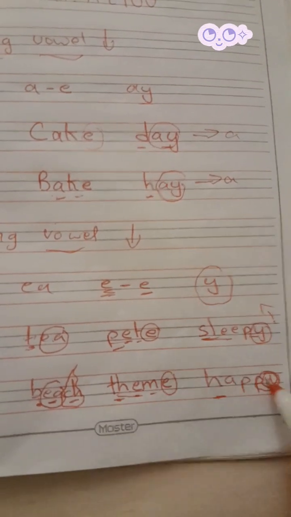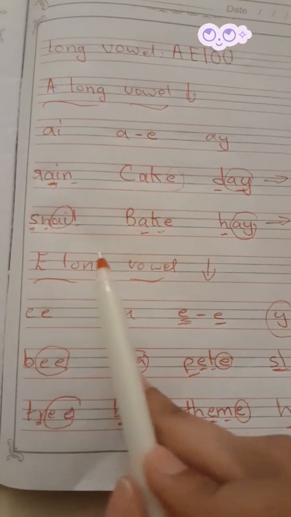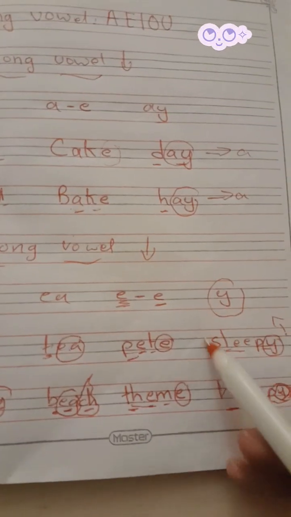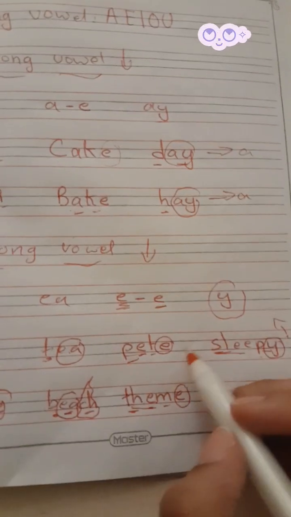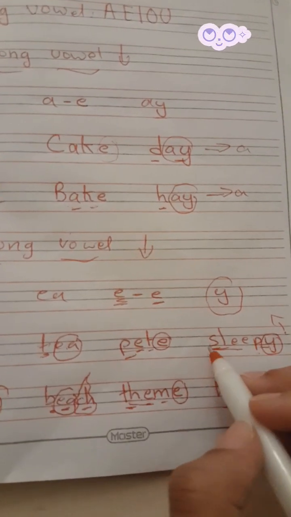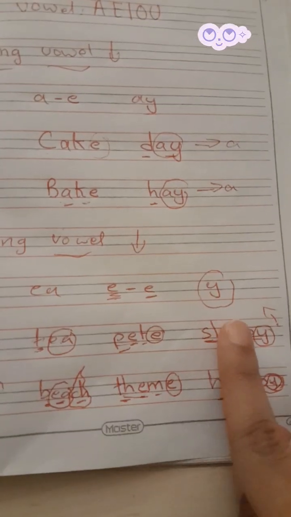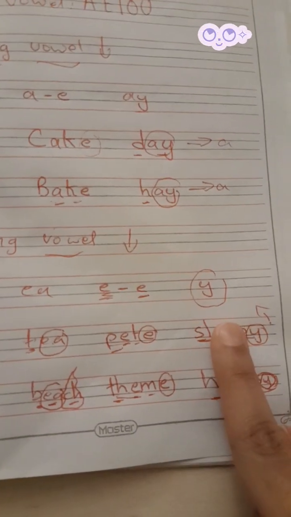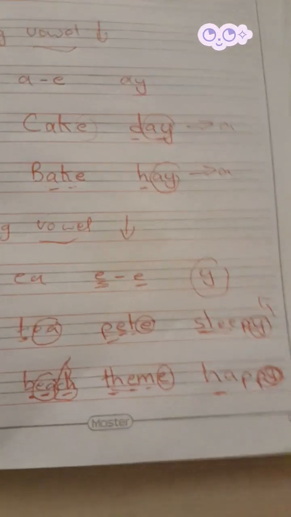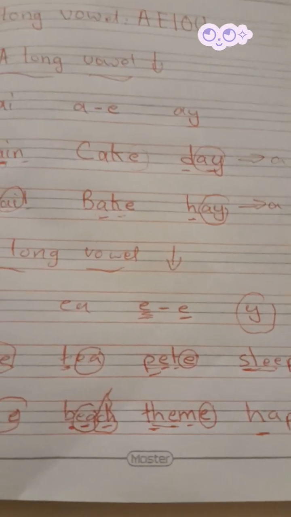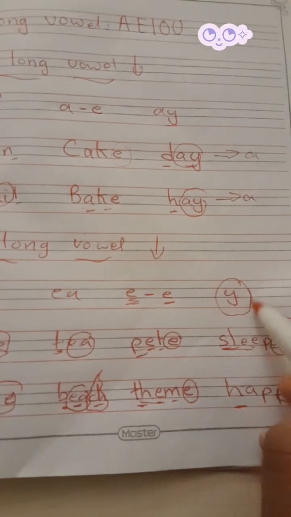So Y has the E long vowel sound. Sleep-y, sleepy; happy. So the sound of E, Y has the sound of E.